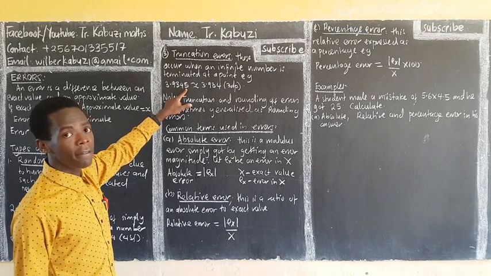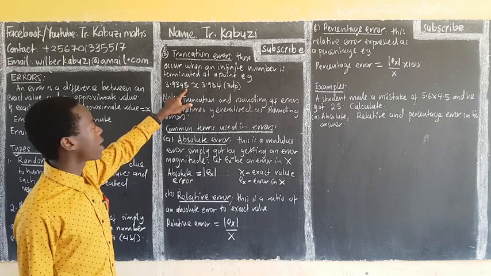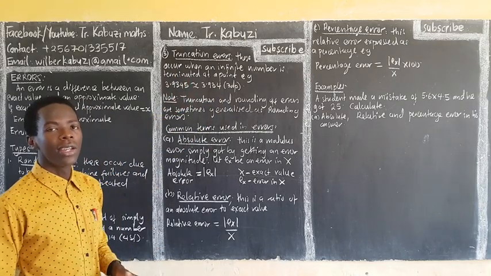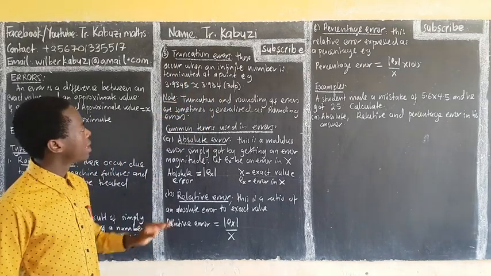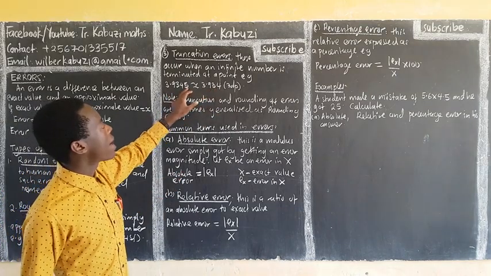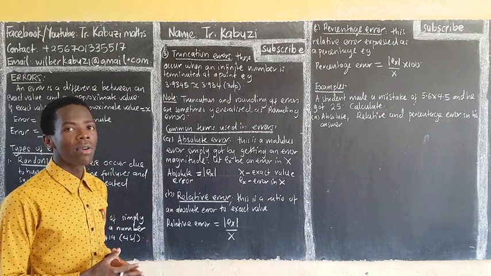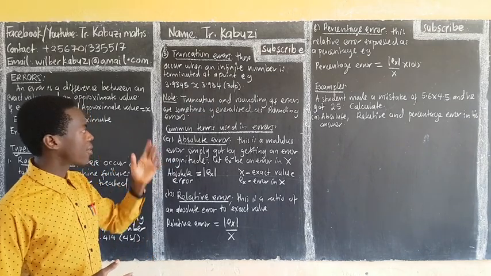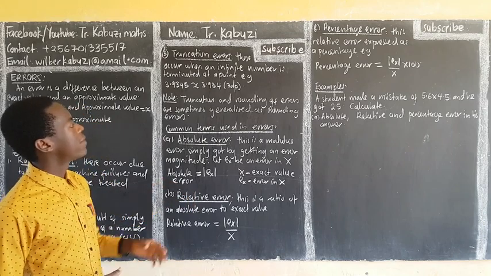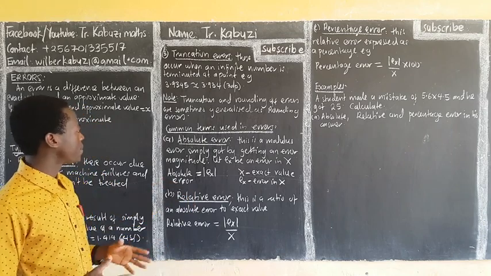If the next digit is 5 or above, we round up. But in truncation, you just stop there at that point. You don't add anything. So here you are making an error. Between this number and this, there is a small difference. That's called a truncation error. Truncation and rounding off errors are sometimes referred to together as rounding errors.